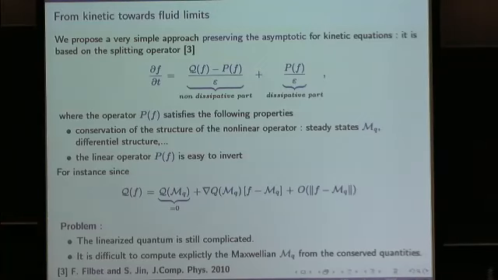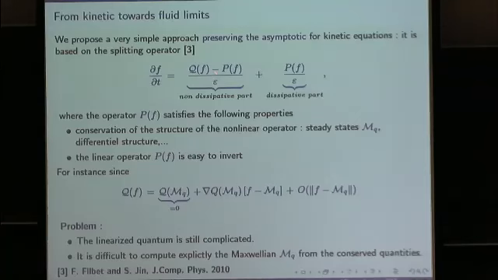So now what is the idea to get a stable scheme for the approximation of the quantum Boltzmann equation? Still, the transport part is not really a problem, so I will focus on the numerical resolution of this stiff problem. It is stiff because the parameter epsilon goes to 0.